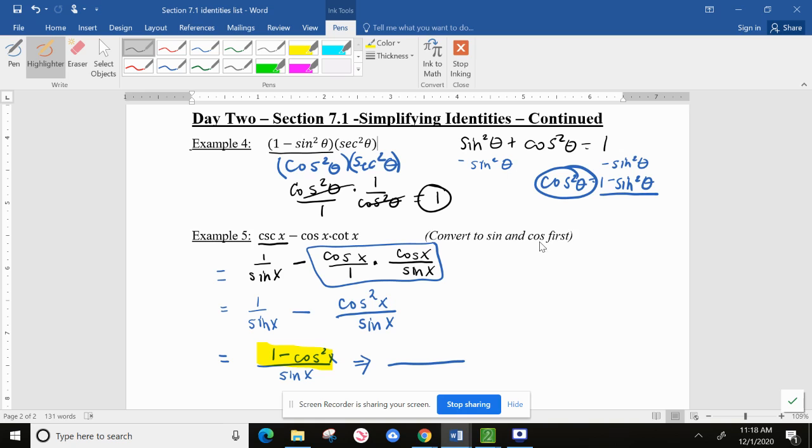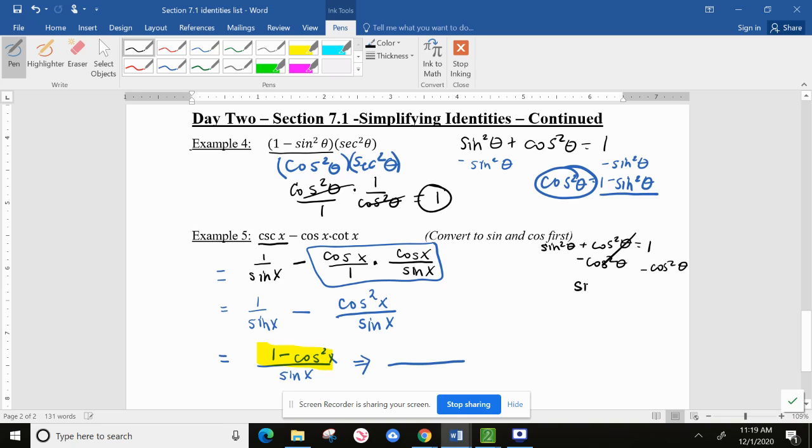All right, so the way that we rewrote that first one, we can rewrite it by adjusting the other part if we need to get 1 minus cosine squared. So if we subtract cosine squared on both sides, all I'm really doing is just scooting it over to the other side of the equal sign.